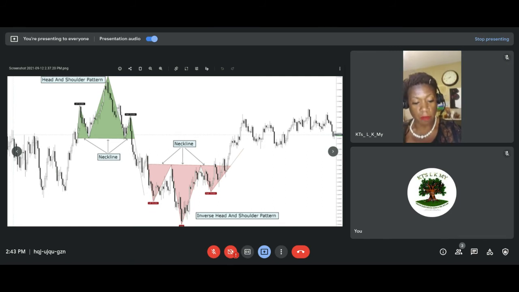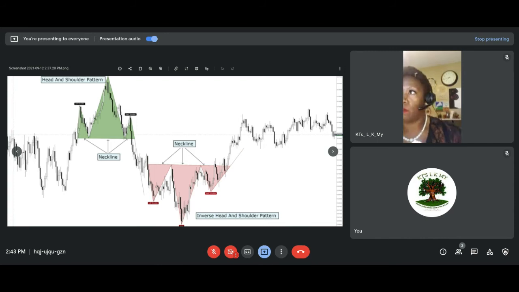Measuring technique. Measure the distance between the first low to the high of the head, and then subtract that amount from the neckline on the breakout.